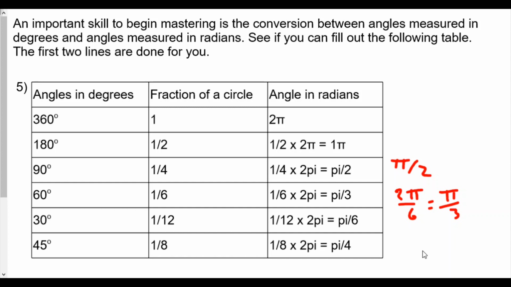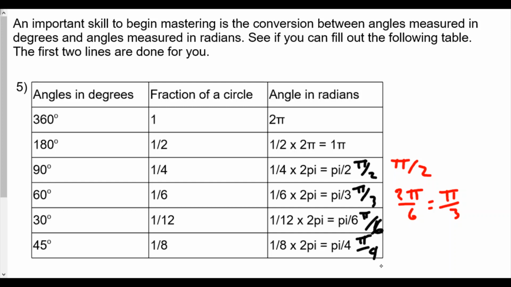Now I'll write these values on the side, hopefully it'll be helpful to see. We have pi over 2 here, this is pi over 3, this is pi over 6, and this is pi over 4.